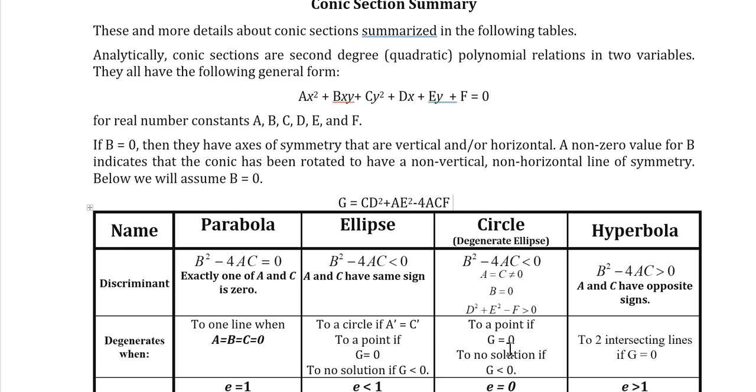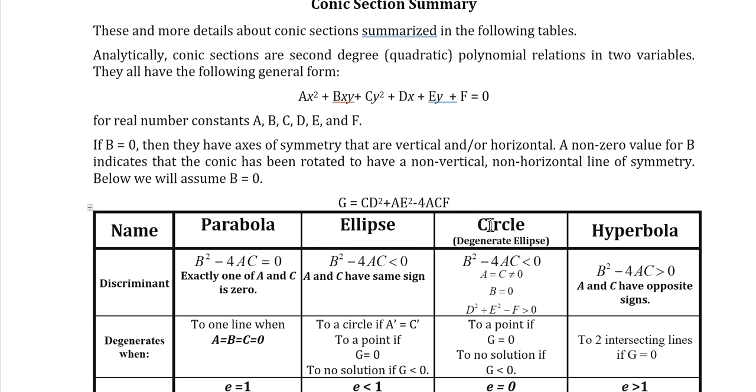The circle can degenerate to a point if this G turns out to be 0. It's like a circle with 0 radius is a single point. And if that G is negative, it's like a circle with a negative radius that just doesn't exist. For example, x squared plus y squared equals 1 is a unit circle.